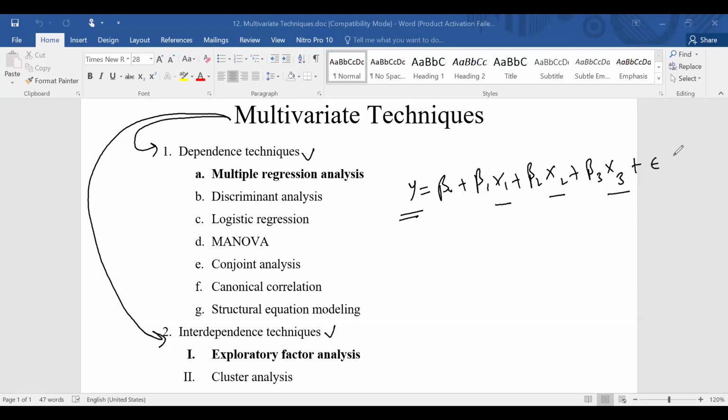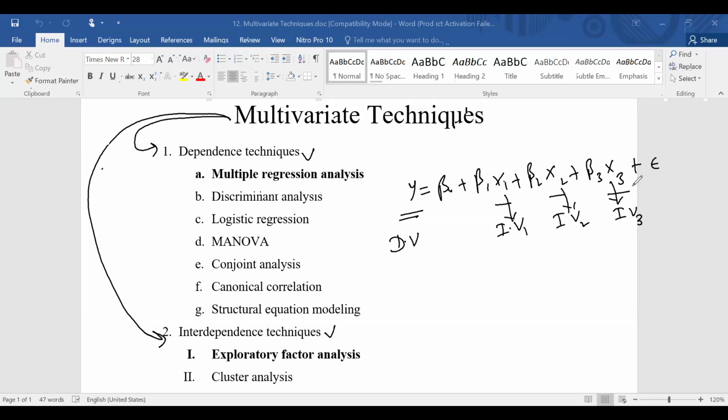So here we are taking 1 dependent variable and 3 independent variables. It means more than two variables. That is why this technique is known as multivariate technique.